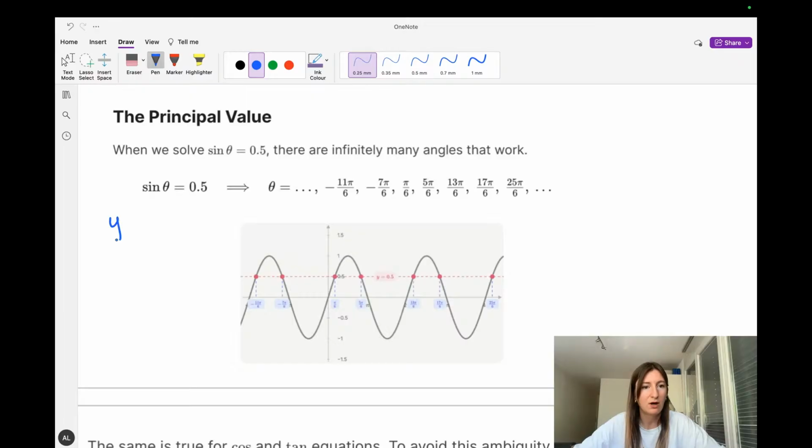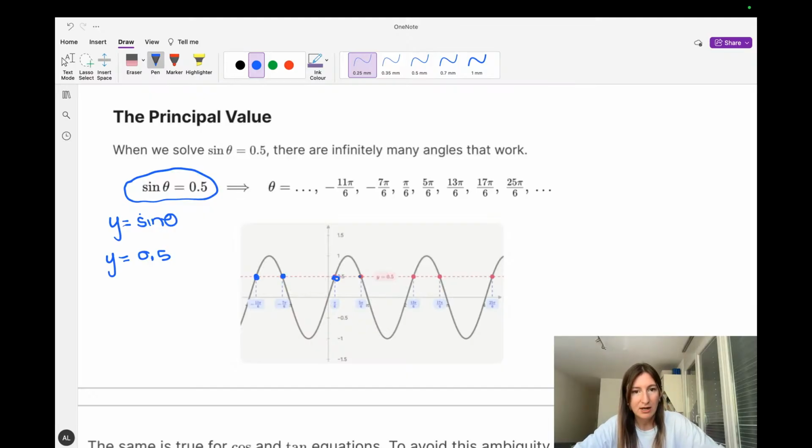We can think of it as y being the graph of sine theta and y being the graph of 0.5. So what they're actually asking when they say, when is sine theta equal to 0.5? They're saying, when is the graph of sine theta equal to the line y equals 0.5? And we're finding their intersection points. These are all just intersections between the lines. So you can see there are infinite solutions.